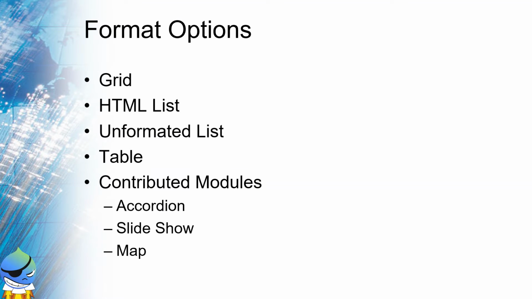You can actually have a table, which is a very powerful capability, has lots of features, and I'll show you in a minute. You create a table and you can make each column click sortable. So the person looking at this table of 20 items can sort by the first column. It's sort of like having Excel built into your view. And then contributed modules are really powerful in this particular place.